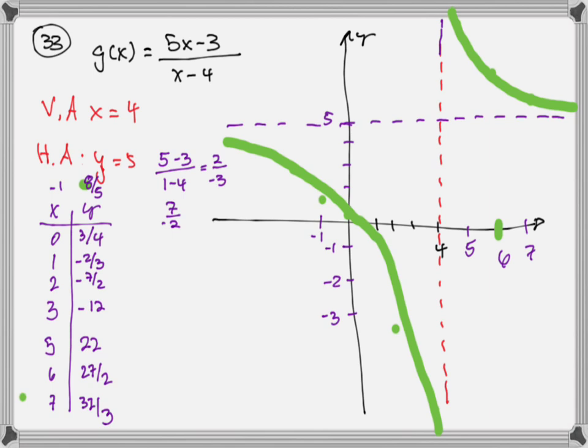Not really, but just bad dimensions. You get the idea. So, VA, everybody good? HA, everybody good? Graphing, make some points in between to the left and to the right of the dashed line.